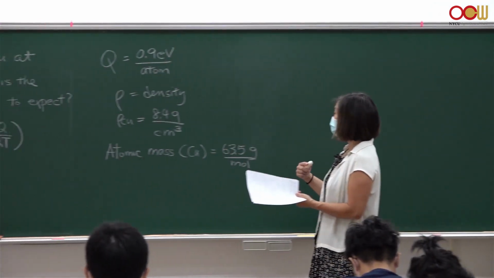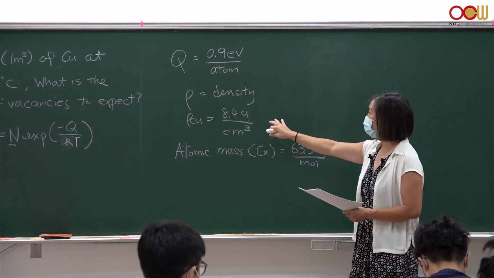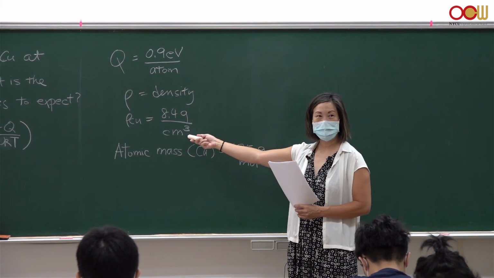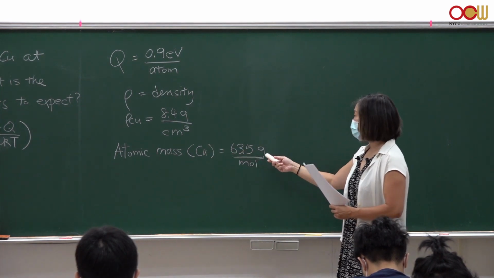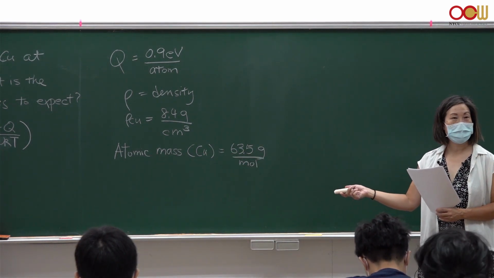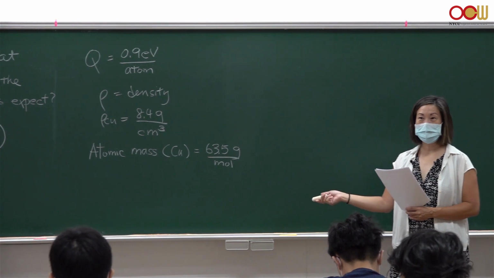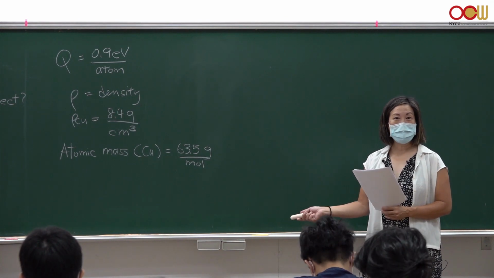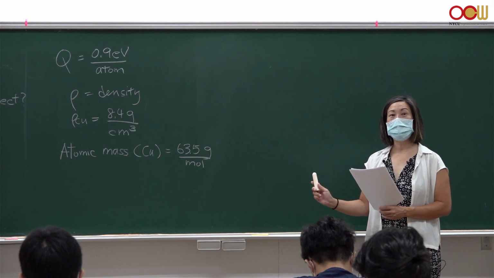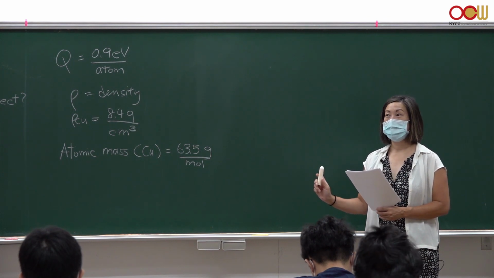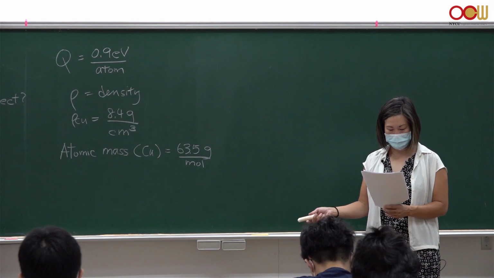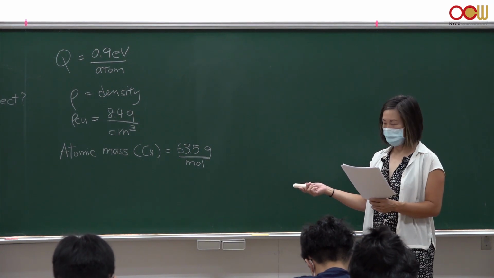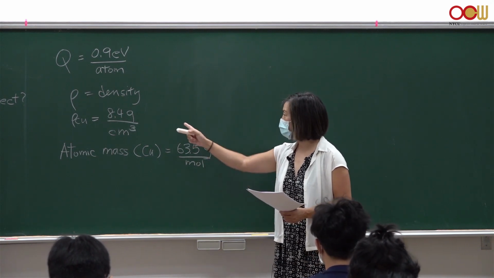The way I would approach it is I know I have these two numbers, and I see that I have grams per volume and then grams per mole. Right? So I could probably use those two numbers. If I have moles, how would I be able to convert that to a number of atomic sites? Well, actually, I would just have moles because the grams would cancel out, right?